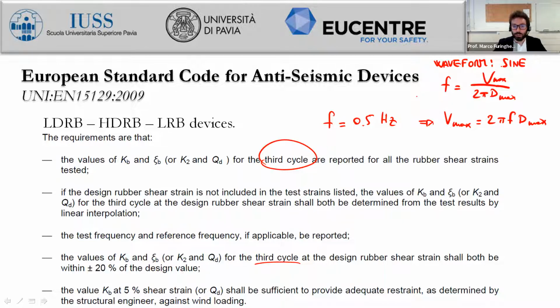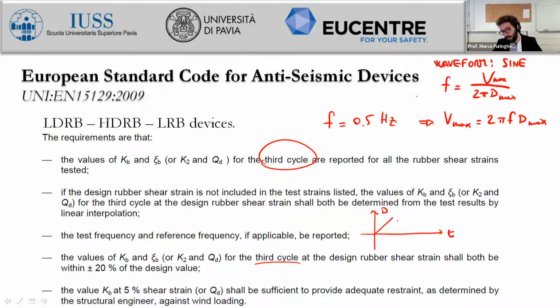Another waveform which is used for horizontal tests is the triangular waveform, and the expressions are slightly different. Generally, the triangular waveform is used when we have very low velocities. And it is a particular waveform because, as you know, the waveform is always related to the displacement signal.